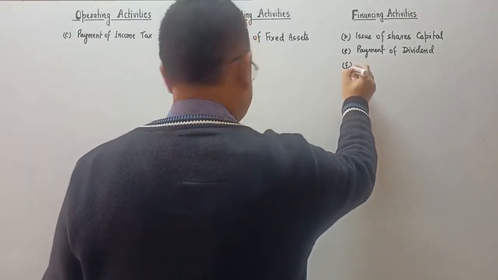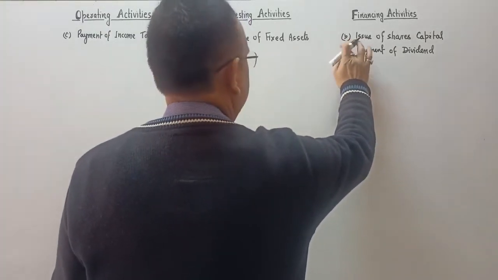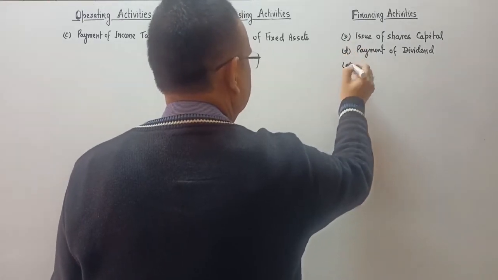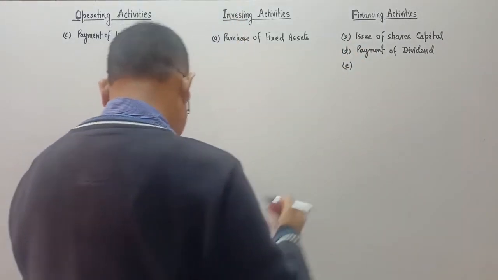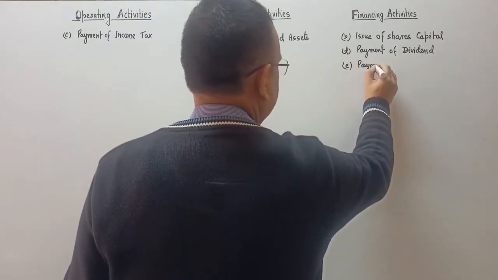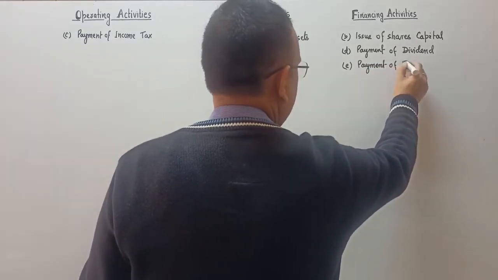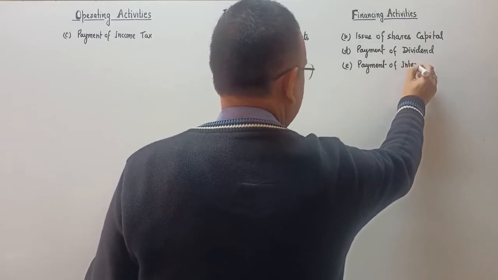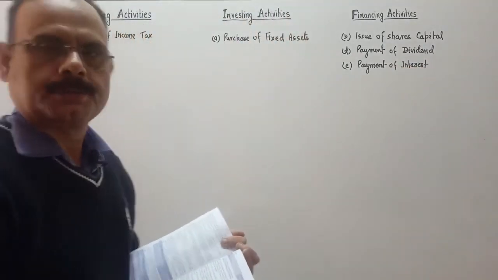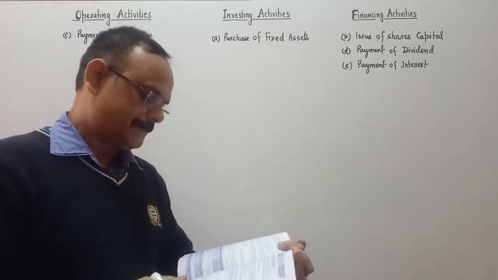This is point E. Payment of interest, whether on debenture or public deposit or short term or long term borrowings and loans, if you do the payment, it's a financing activity.